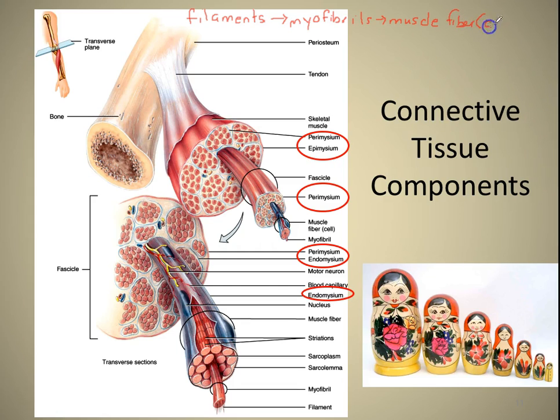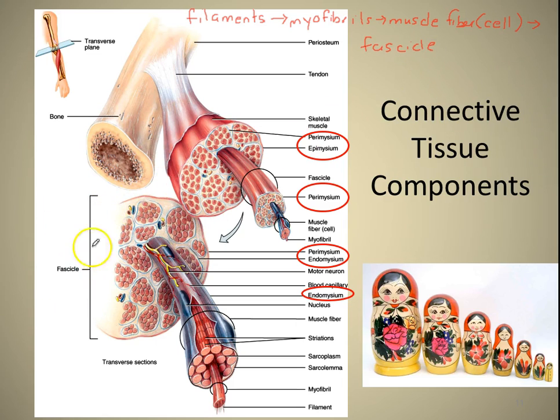And remember, that's just another word for the muscle cell. Okay? And then a bunch of these muscle cells, or myofibers, will make up a fascicle. Okay? So this is what this fascicle is.